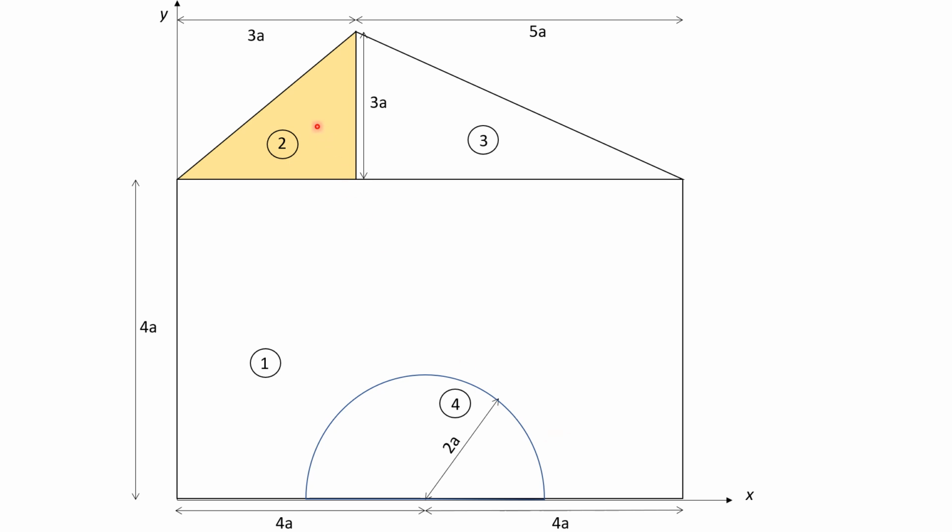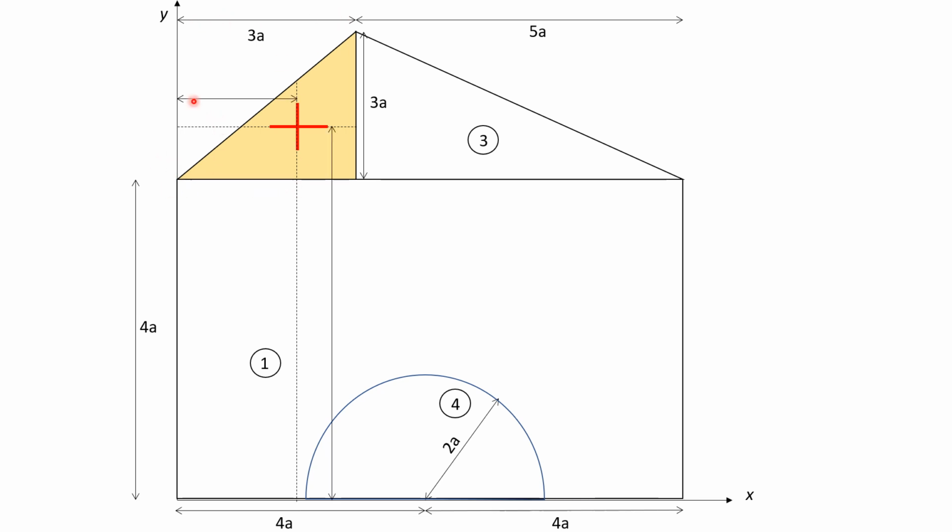So area 2 is this distance into this distance, half into 3a into 3a. We get area 2. The centroidal distance of the triangle is at a distance of 2/3 of this distance from the apex.